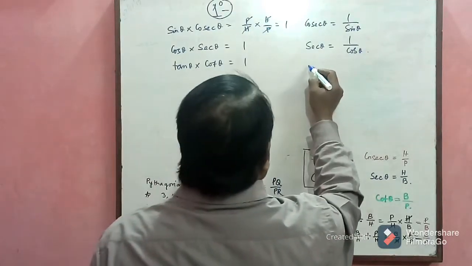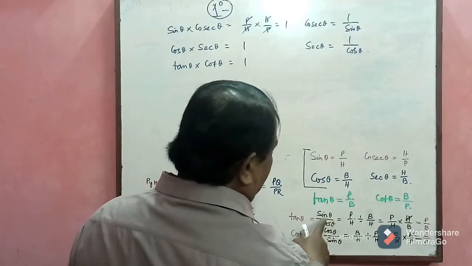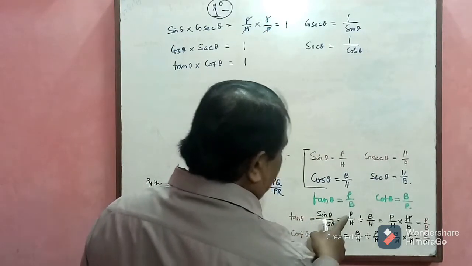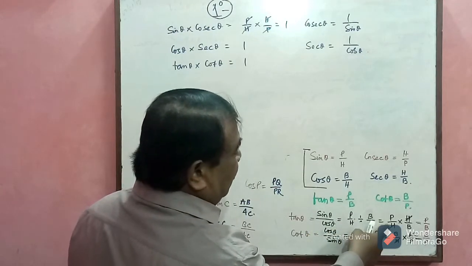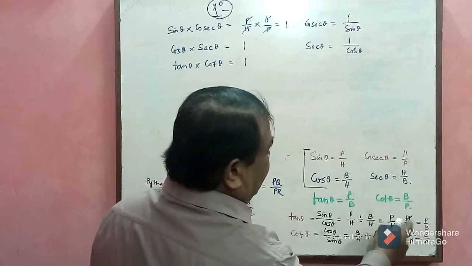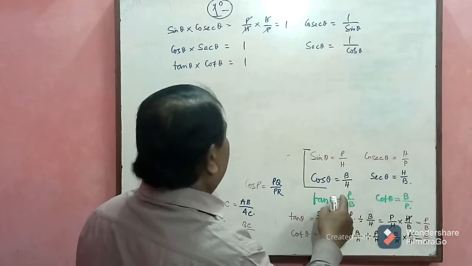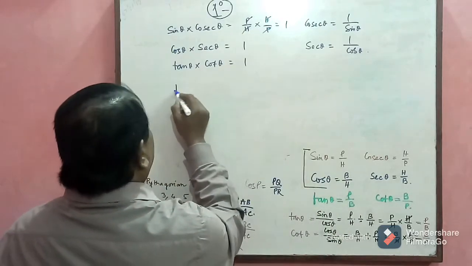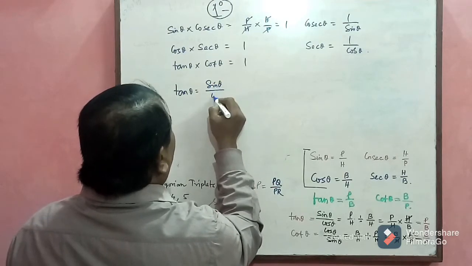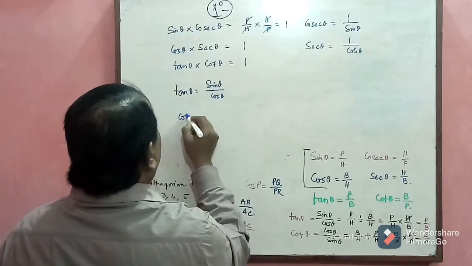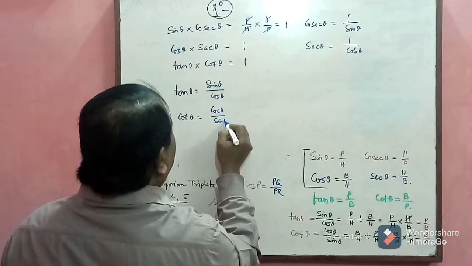Similarly, tan theta is sin theta upon cos theta, because sin is P upon H divided by cos, which is B upon H. P upon H into H upon B, cut, gives P upon B, and P upon B is nothing but tan theta. So tan theta is sin theta upon cos theta, and cot theta is cos theta upon sin theta.